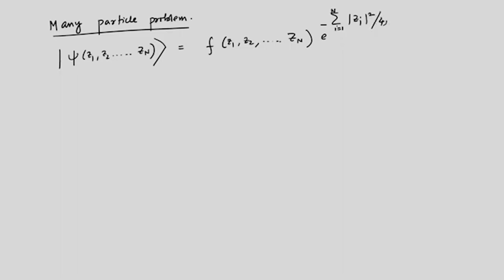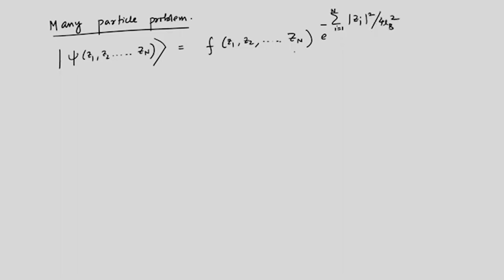Okay. So, in the many particle problem on such general grounds, the psi, which is now a function of not only z1, z2, but some n particles, z1, z2, z3 and so on, they correspond to the complex coordinates of all these particles, and this can be written as some f of z1, z2 and so on till zn, for n particles, and this is like exponential minus, and then there is a summation, i equal to 1 to n, of |zi| square divided by 4 lB square.